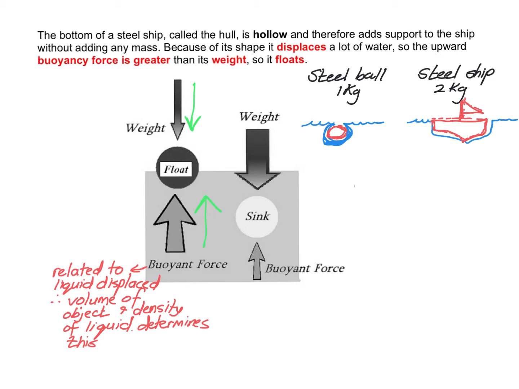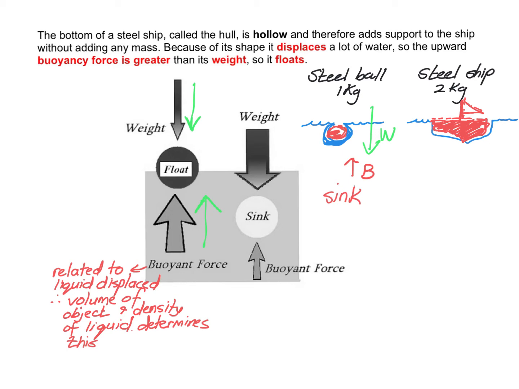Therefore, in this case, the weight of the steel ball will be greater than the upward force of buoyancy, because only a small amount has been displaced. Therefore, it will sink. But if we look at the ship, you will see that a very large amount of water has been displaced.